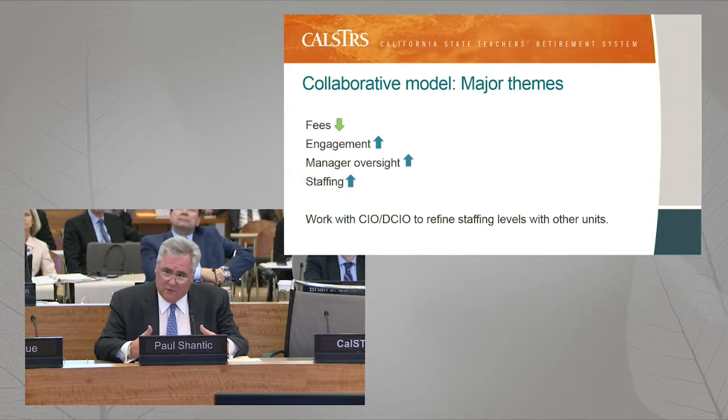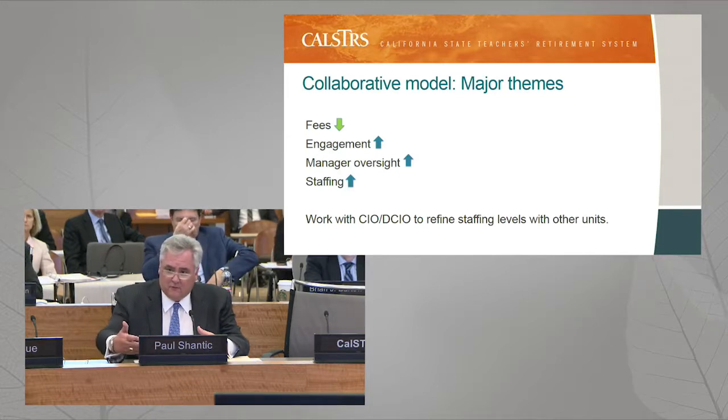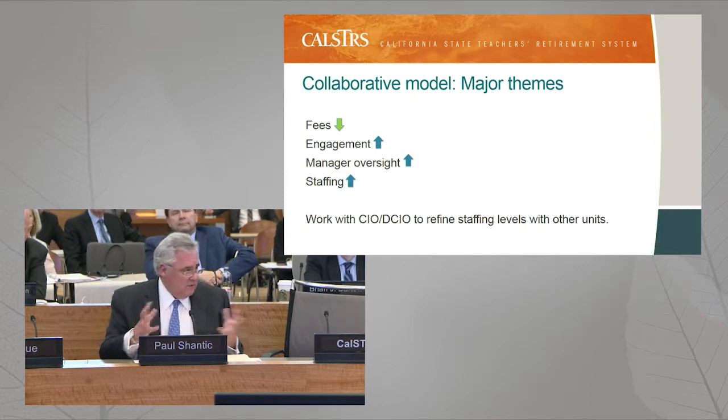So in other words, the collaborative model we've talked about for 2 years, we're going to be implementing it behind the scenes when you go on to the next item to focus on over the next few years. That's always going to be in the background. So that's how I think we're all thinking about the collaborative model moving forward.